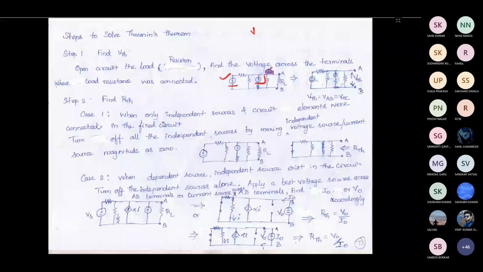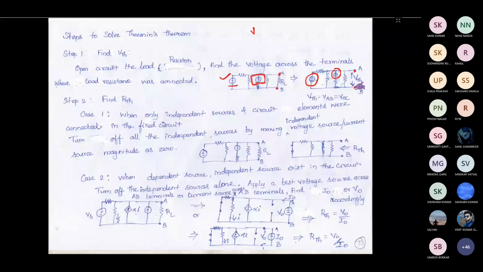When you have such a circuit, you can directly find the VTH by removing the RL. Remove RL as I said before, then find the voltage across the terminals A and B. This is also called VThevenin or VOC.